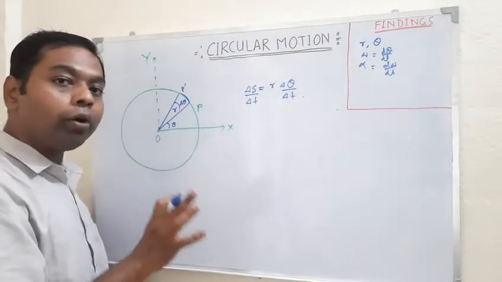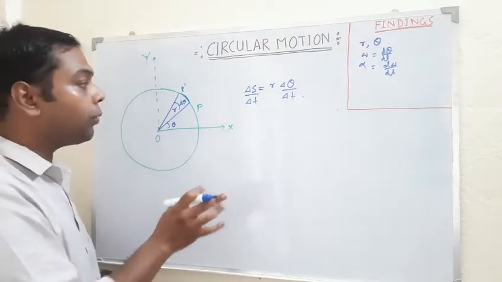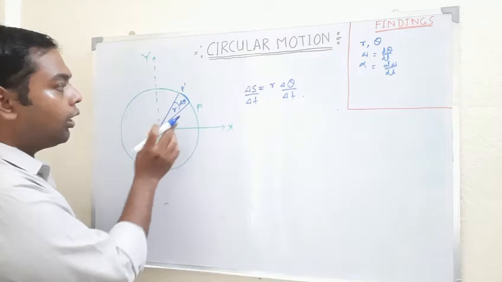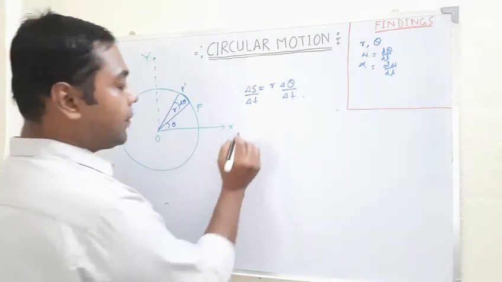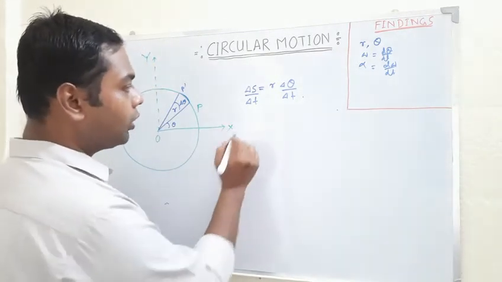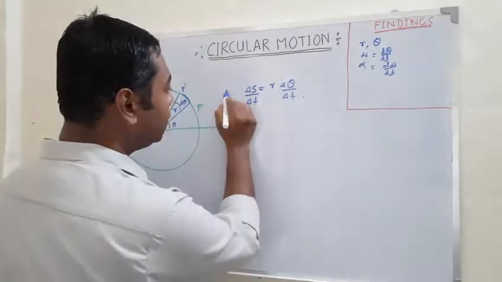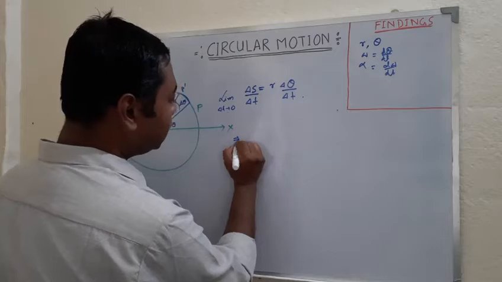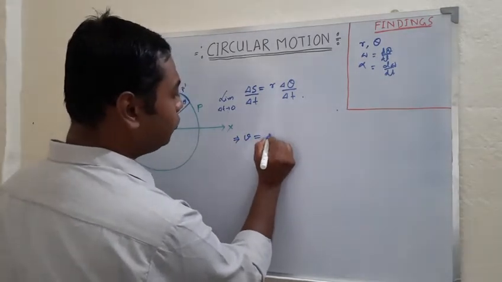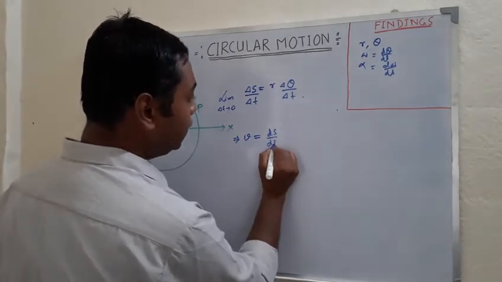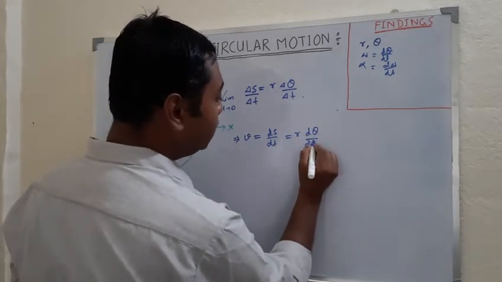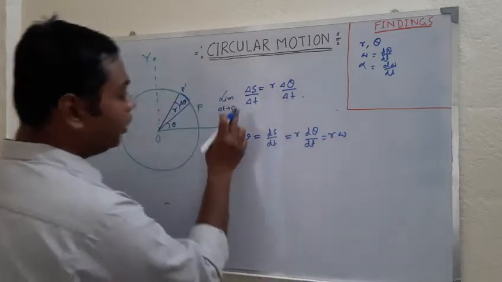We cannot talk here about the velocity of the particle because the direction is always changing as the particle moves. I will show in a moment how the direction changes. Now at the limit delta t tends to 0, this becomes the speed of the particle, which is ds by dt. It is nothing but r d theta by dt, or r omega.